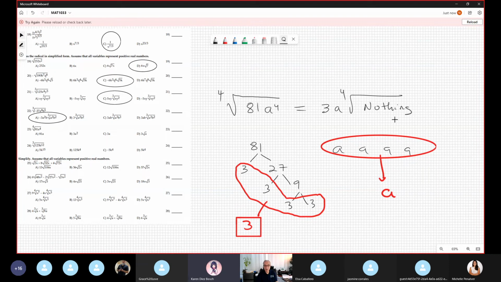Right? And 1 is invisible. So the answer is 3a. One more, the last one.